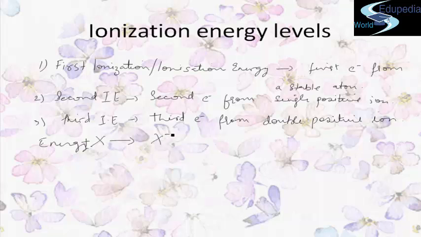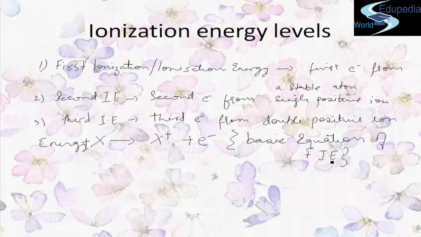We get a positive ion plus the removed electron. So this is the basic equation of first ionization energy, which we can say is just the ionization energy.